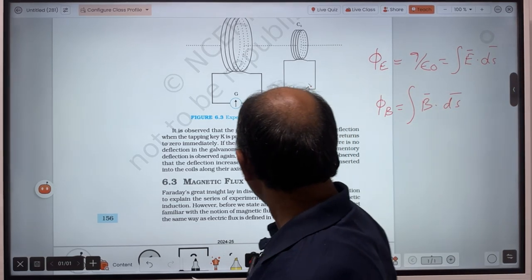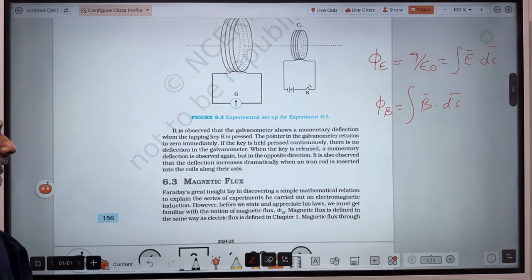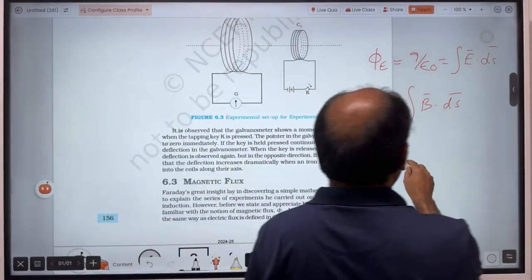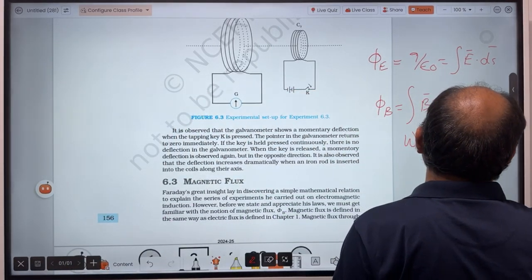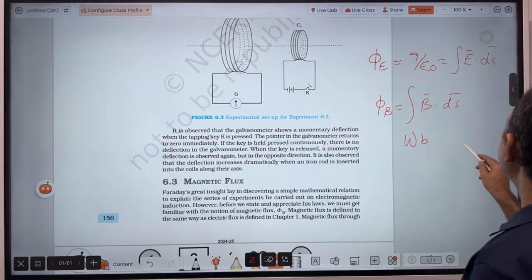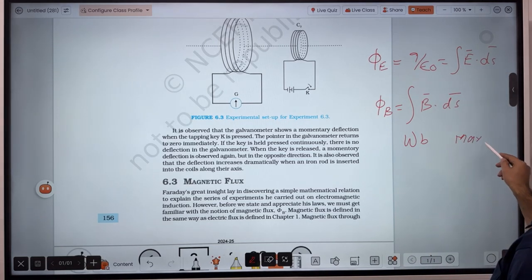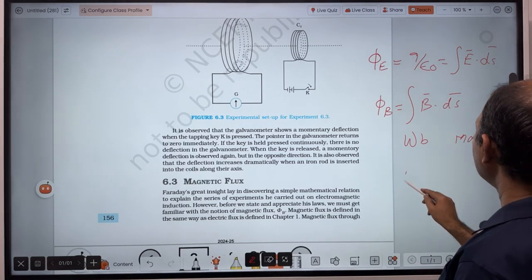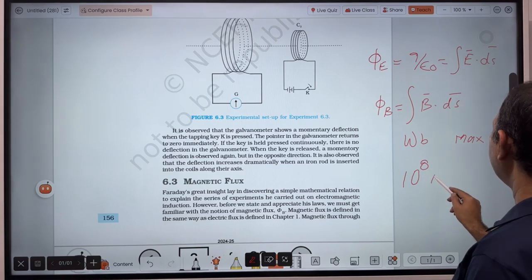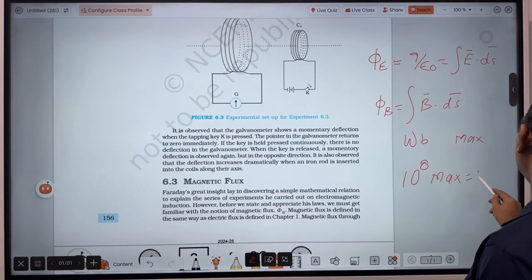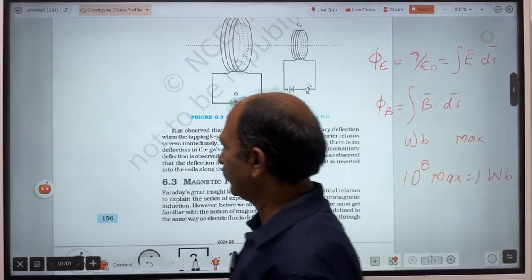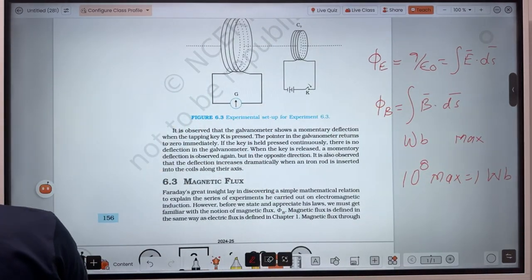So the unit of magnetic flux is Weber, and the CGS unit is Maxwell. A relation: 10 power 8 Maxwell is equal to 1 Weber. So this relation you have to memorize.